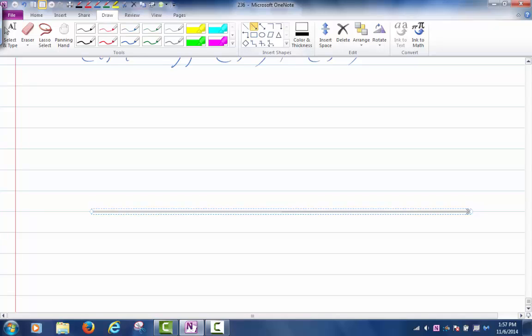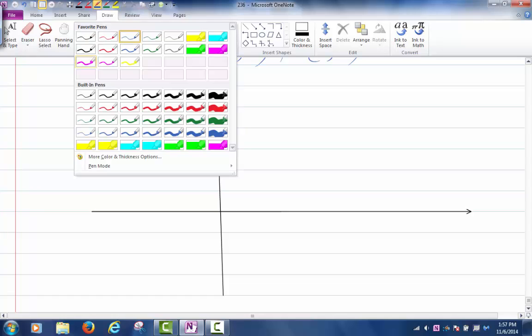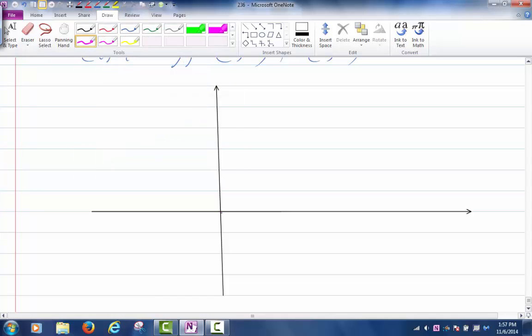Let's draw our y-axis right here. Okay, maybe I'll draw the curve with this color. So we have a point at 0, 0, right? So that's this one, let's say. Let's just say this is 2, this is 4, and this is 6, okay?